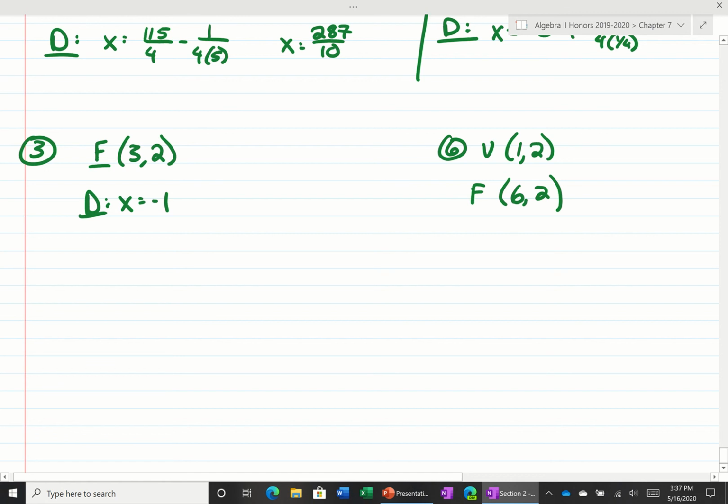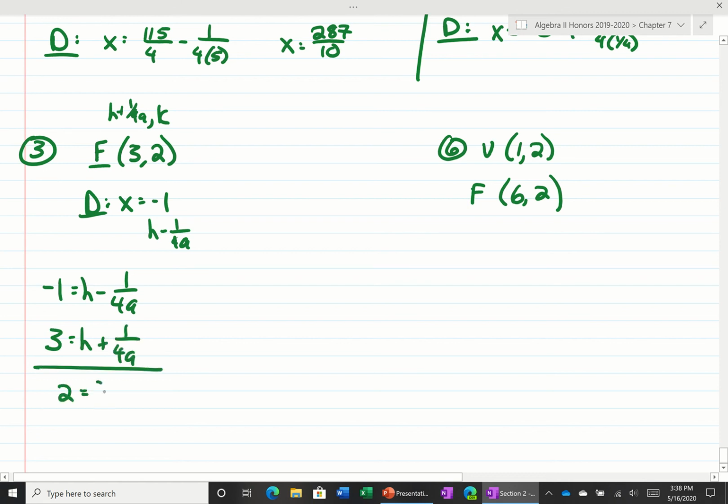All right, so let's do that quickly. So we know that this would be h plus 1 over 4a, comma k, and this would be h minus 1 over 4a. So if we know negative 1 is equal to h minus 1 over 4a, and we know that 3 is equal to h plus 1 over 4a, we can make a system. We get 2 is equal to 2h, so h would be 1. If h is 1, we could plug it in.